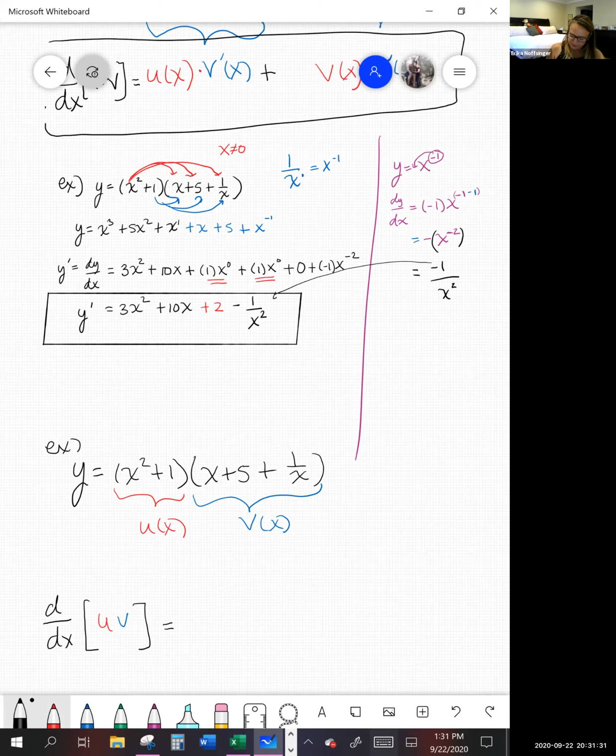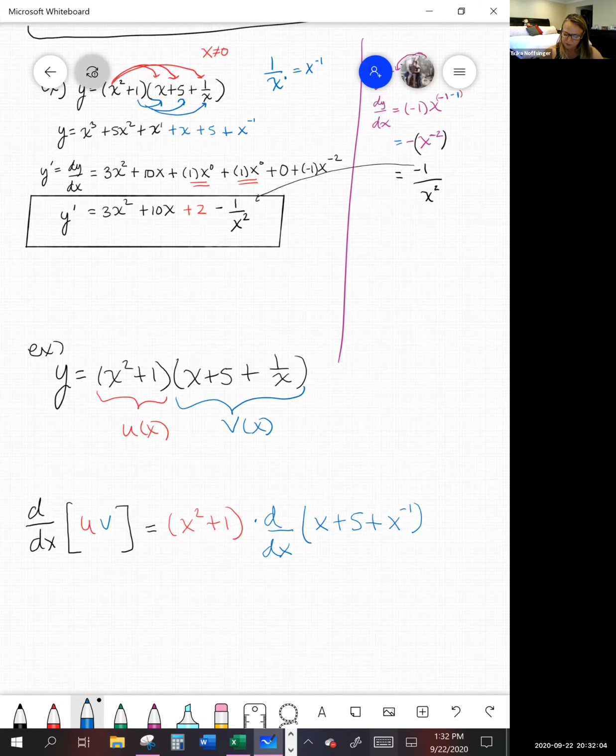So this is the first, which is x squared plus 1, times, if I don't take the derivative yet, I could write this, and sometimes this is helpful, d dx of what we're going to take the derivative of, which is x plus 5. And to help us, let's rewrite that 1 over x as x to the -1 power.